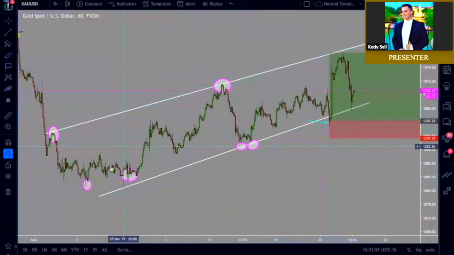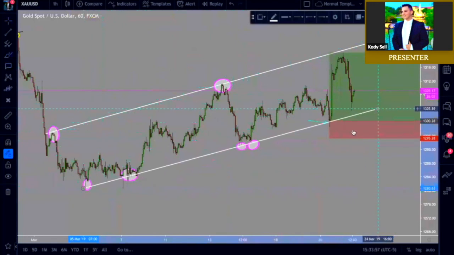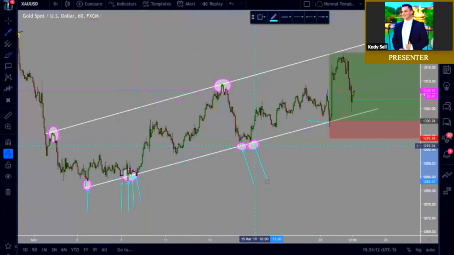Because the other channel, when you connect here and pull through, seems a lot more like the support to me. See, we found support here, support here. Yes, a wick came through it, but it held.